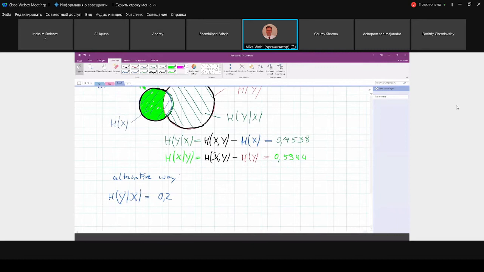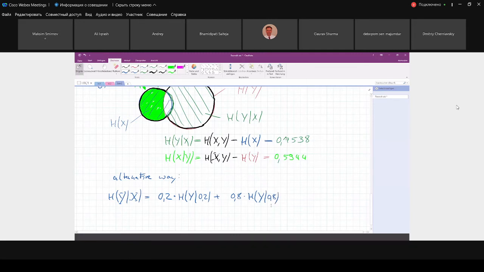Then we write here the conditional entropy of Y if this X is 0, times 0.2, plus 0.8 times the conditional entropy of Y, this capital Y, for this special value of X.